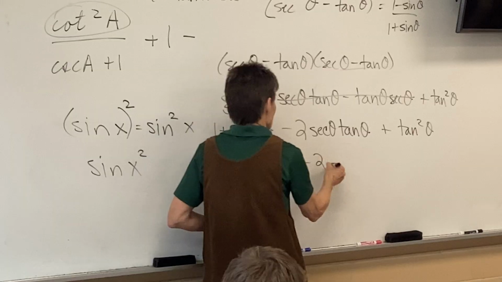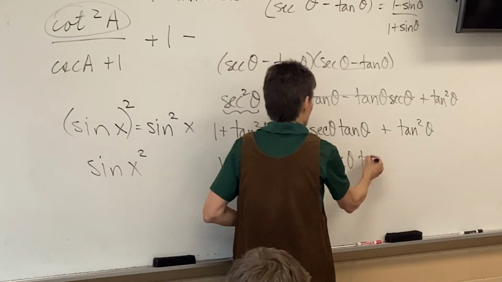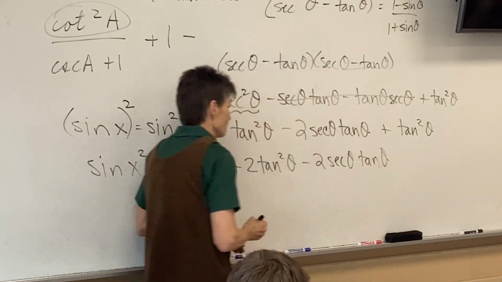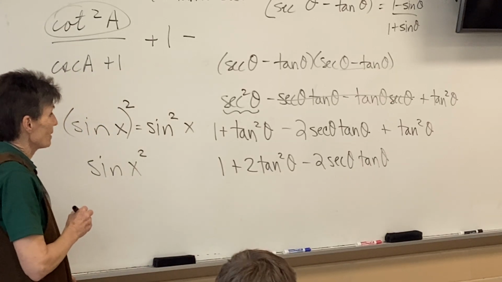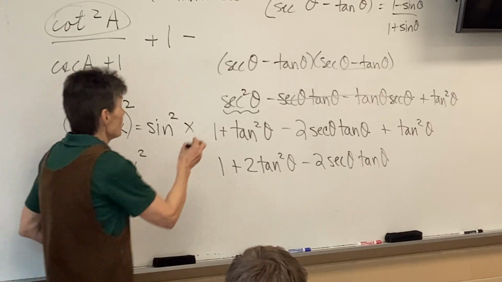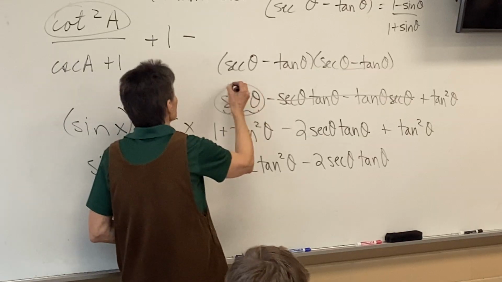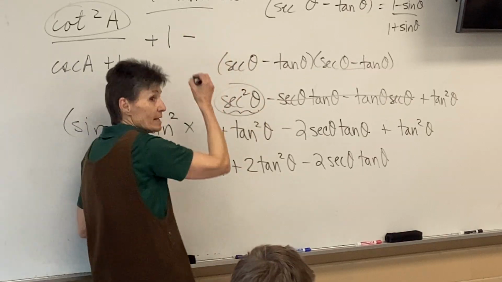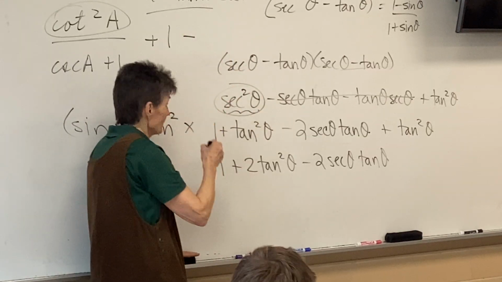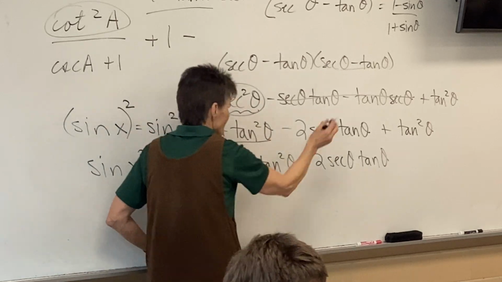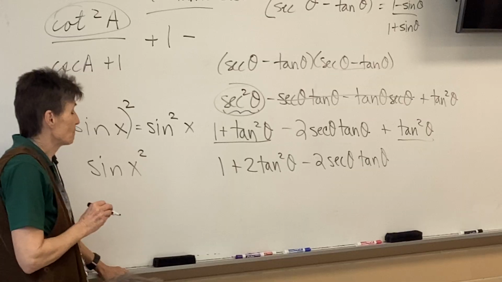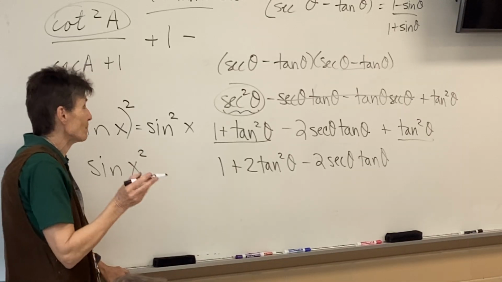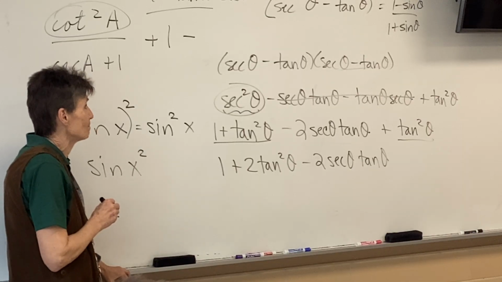And then minus this. Wait, where did the two tangents? It's just a tangent. Secant squared is 1 plus tangent squared. So I change that, and then there's a tangent squared on the end. That may or may not have saved me any time.